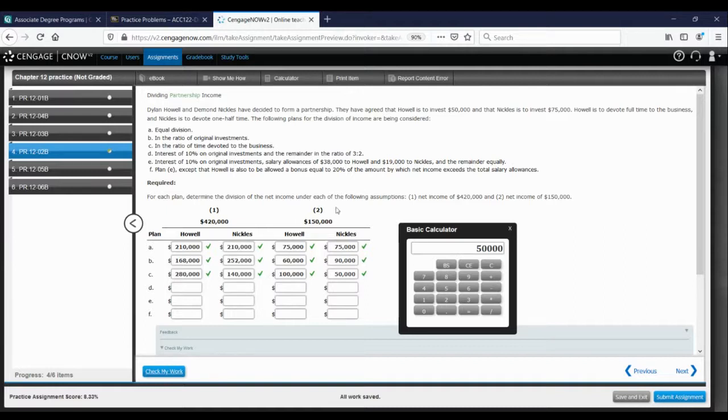In Part D, the partners are going to divide the partnership net income by taking an interest of 10% on the original investments and the remainder in a ratio of 3-2.